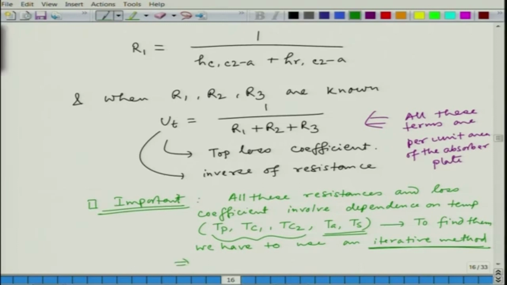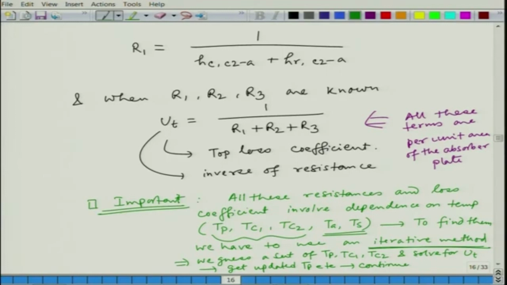So, that is why we guess a set of Tp, Tc1, Tc2 and solve for Ut, get updated Tp, etc., okay, and continue until you see very insignificant change in temperature.